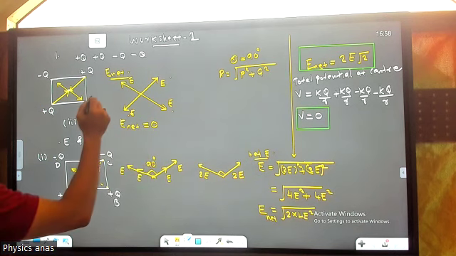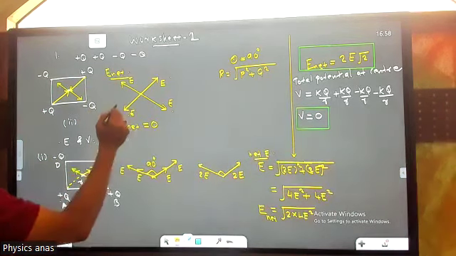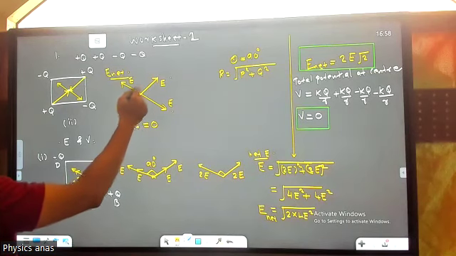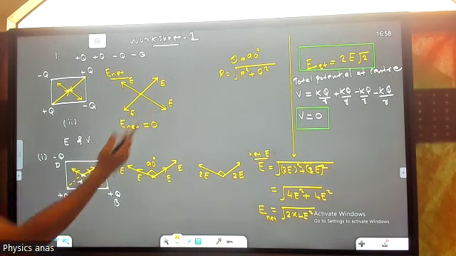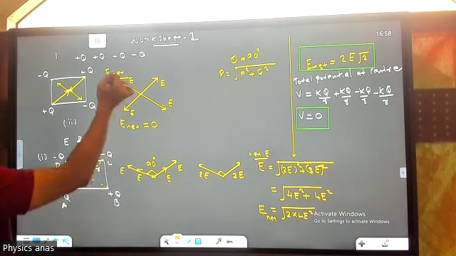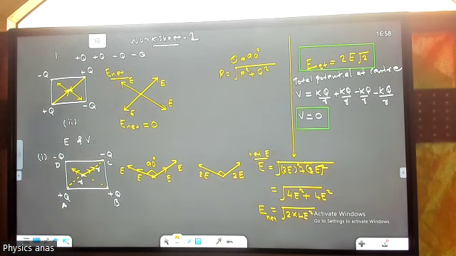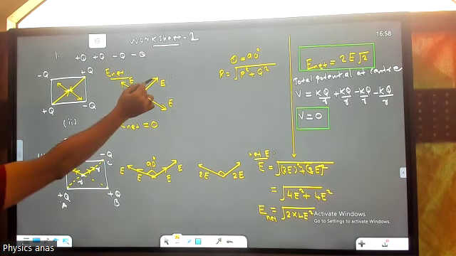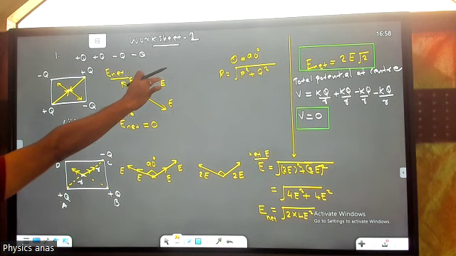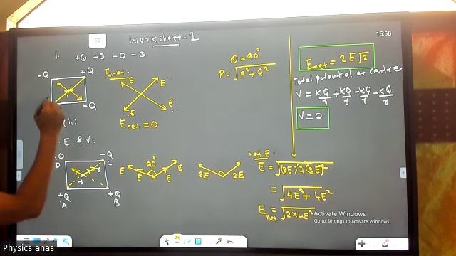No, towards the center. This is towards the center. The other one, which one? This one, towards plus Q. Yeah, this is actually towards the center.